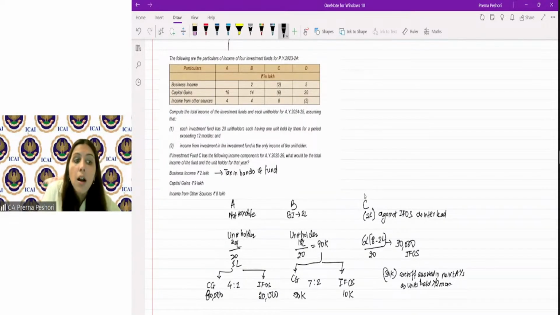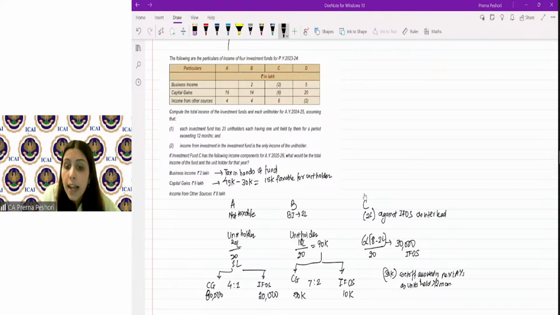However, in case of the 9 lakh, which is there as capital gain, 9 lakh divided by 20, which is 45,000 minus 30,000, 15,000 taxable for the unit holder.